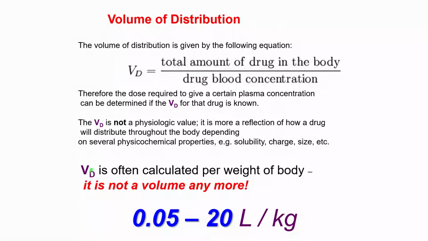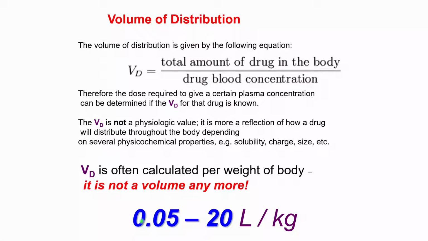Very often we calculate volume of distribution per weight of body. In this case, it's not volume anymore. It's obvious. If your weight is 50 kilograms, perhaps you are smaller than a person whose weight is 100 kilograms. It's obvious a twice larger person will have twice larger volume.